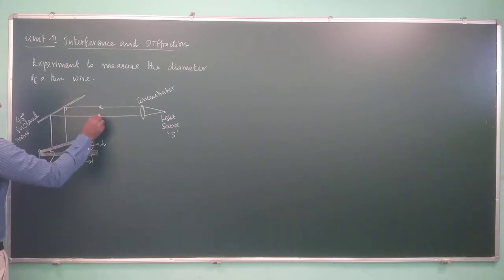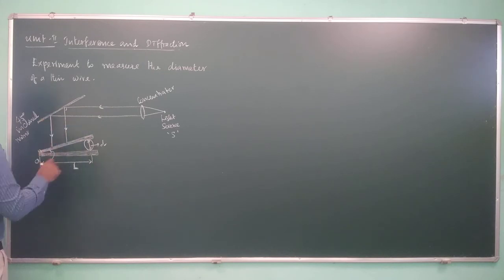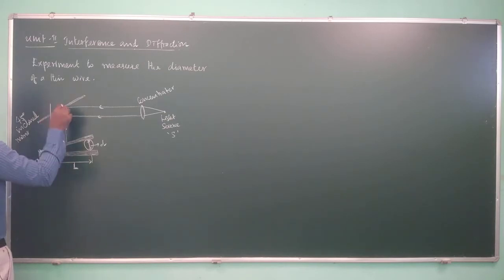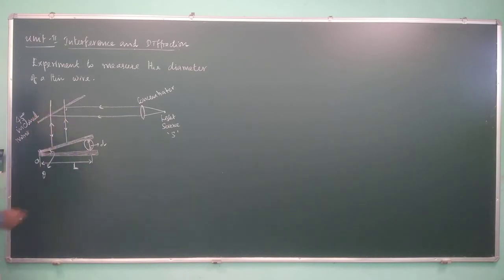This is the direction of the incoming light ray. Once it is reflected and refracted by the air wedge, it reflects back, travels back and passes through the mirror.